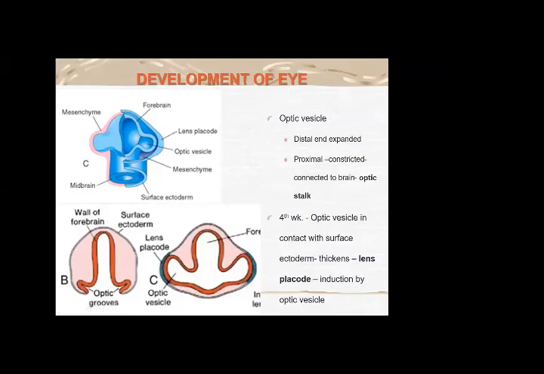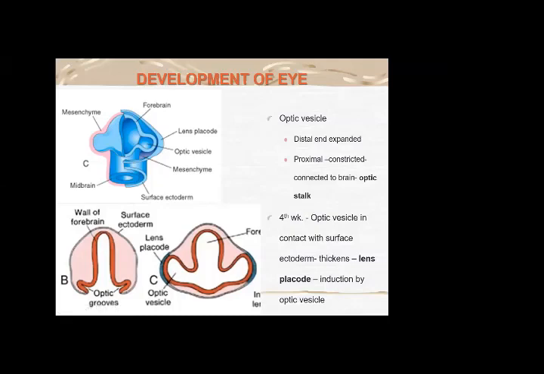Now, when it comes in contact with the surface ectoderm, in the region where the optic vesicle comes in contact with it, this area of the surface ectoderm gets thickened. This thickened area of surface ectoderm, which is overlying the optic vesicle, is called the lens placode.